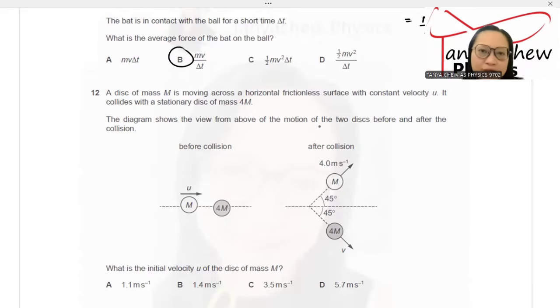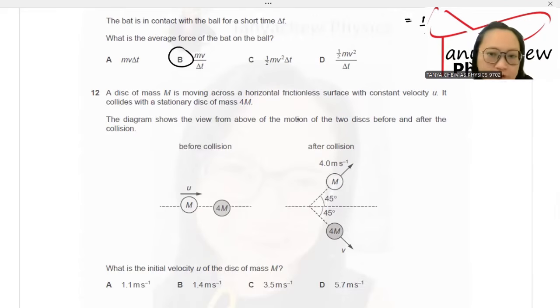Now, I look at the u, which is acting in the horizontal direction. When an angle is involved, you have to resolve it into two perpendicular directions, in other words horizontal and vertical. I am going to resolve into the horizontal direction first because u is acting in the horizontal direction.